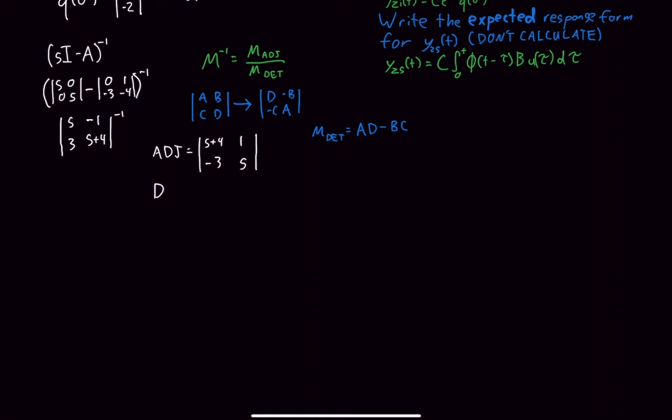So the determinant equals s times s plus 4, minus 3 times 1. Simplified out, it becomes s squared plus 4s plus 3.